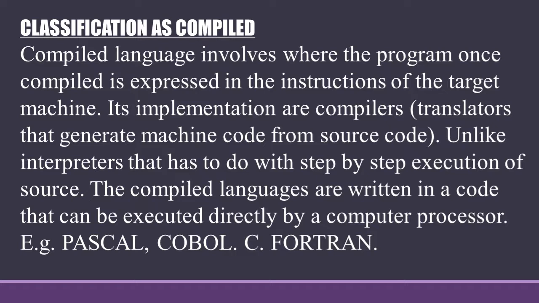Unlike the interpreter, which does step by step, line by line execution of the source code, compiled languages are written in code that can be executed directly by a computer processor. The examples there are Pascal, COBOL, C language, and Fortran.